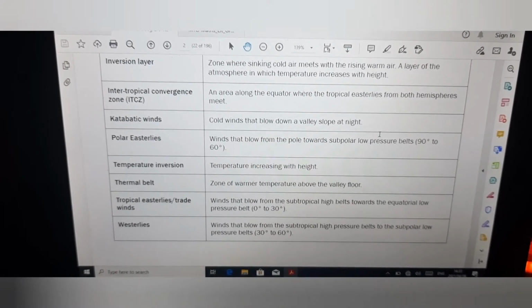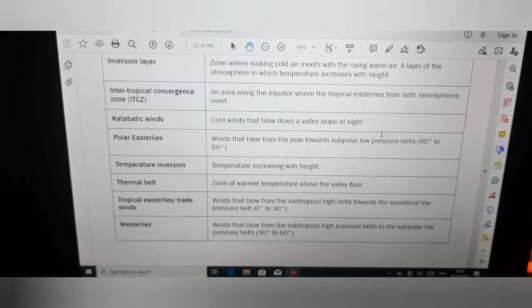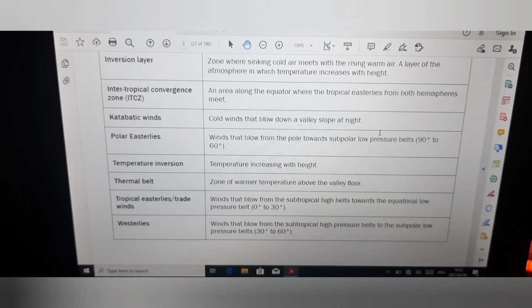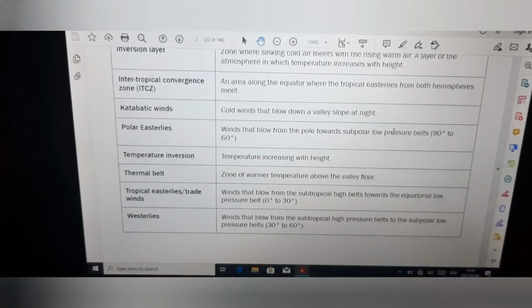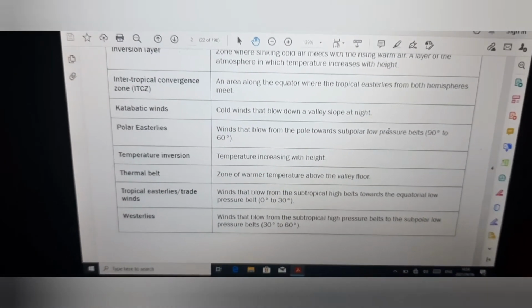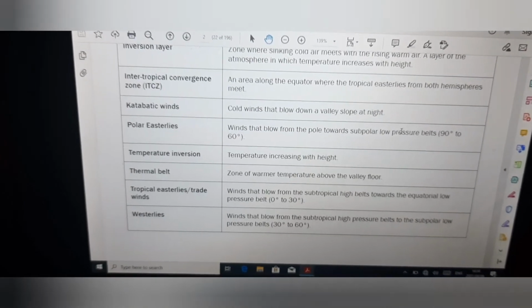Westerlies, winds that blow from the subtropical high pressure belt to the polar low pressure belts. We will get to understand more of these when we're analyzing a picture.